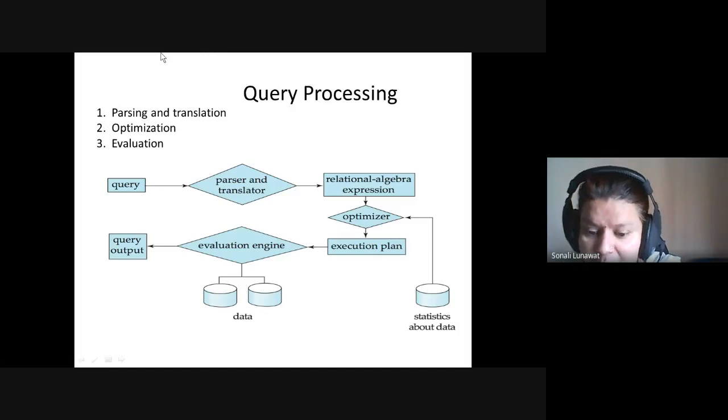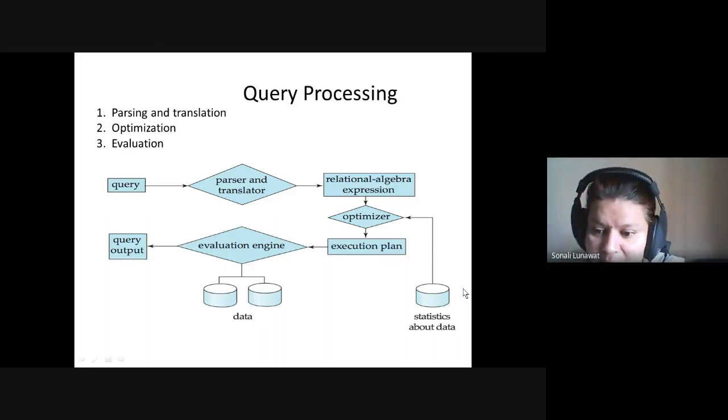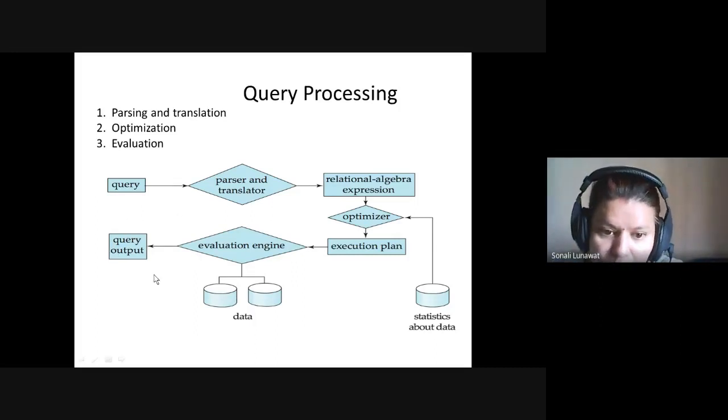Now what is the optimizer? One query can be written in multiple forms. So the optimizer uses the statistics about the data, which you will find here in the diagram, to optimize the query. Then the execution plan of the query is generated, which is finally selected, and then the evaluation engine is going to execute that query, and the output of the query will be given to us.